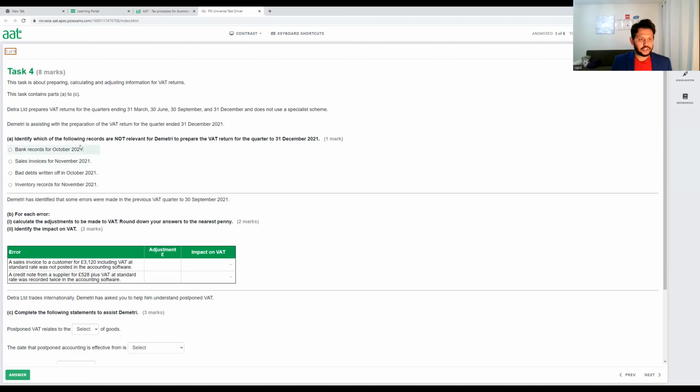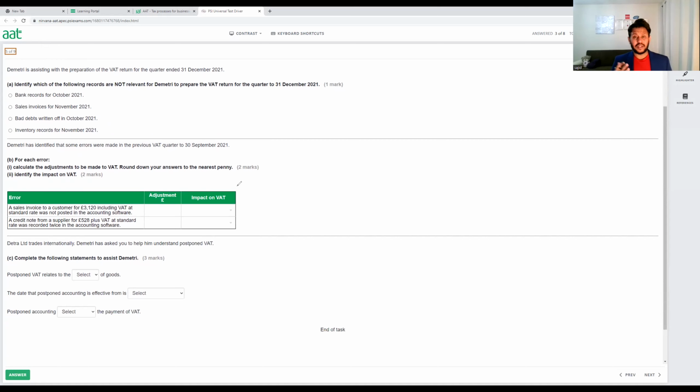Identify which of the following records are not relevant for the VAT return. Now remember that the VAT return is all about our sales, our purchases, and also if there are any bad debts, if there is a bank record, so we need to see how much money we received and how much we paid. But if there is inventory, it is not relevant to our VAT return.